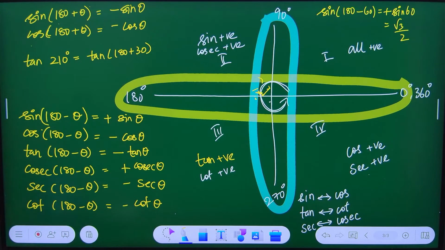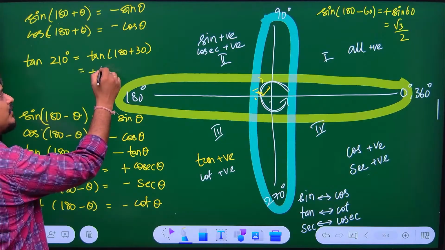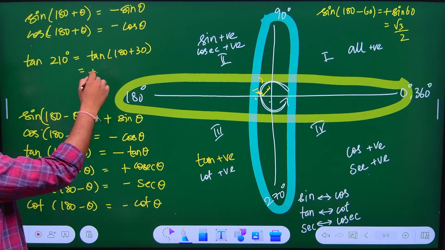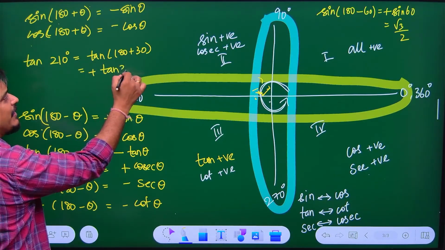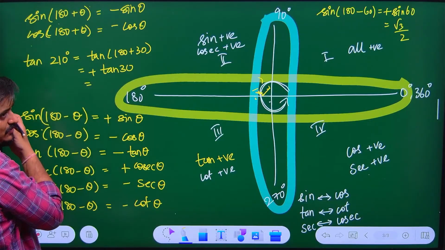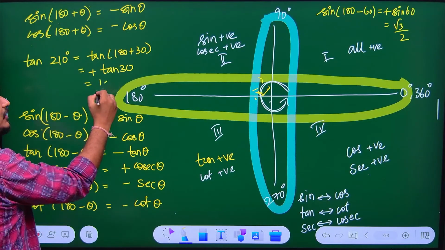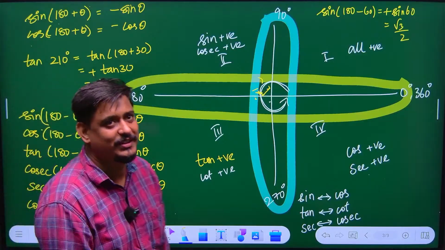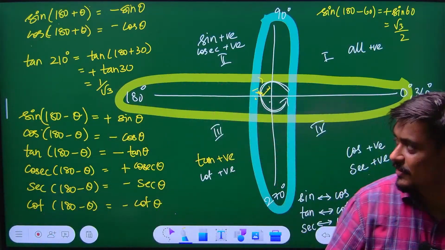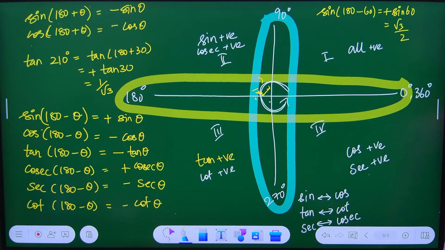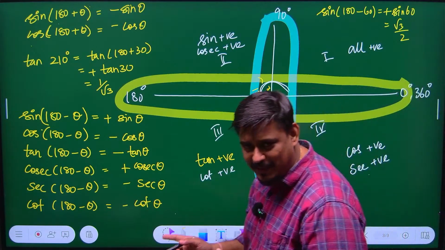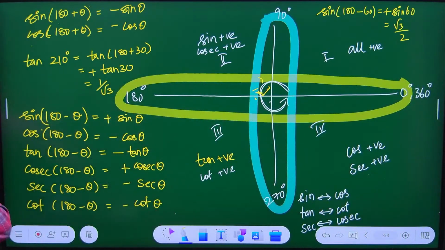In the third quadrant, tan is positive or negative? Positive. So it will become positive, and the 180 line will keep tan. Positive tan 30. Very good. What is the tan 30 value? Tan 30 is 1 by root 3. So the answer is 1 by root 3. Good. I hope you have understood this. Everybody is understanding what is happening? Your chance will come also.